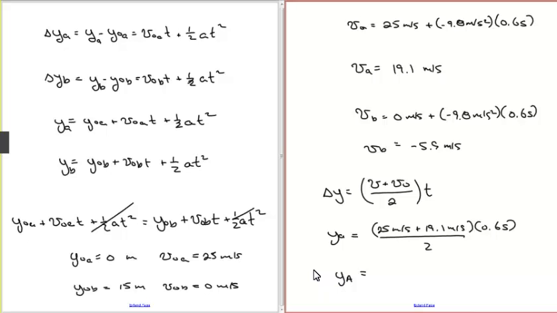It should be less than 15 meters, because if it isn't, then this couldn't have happened. And it's actually 13.2 meters.